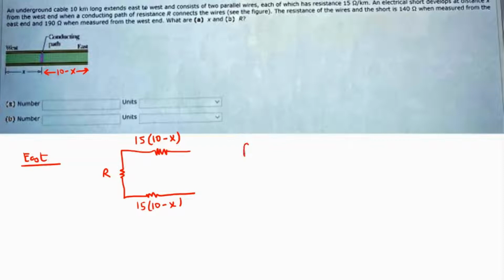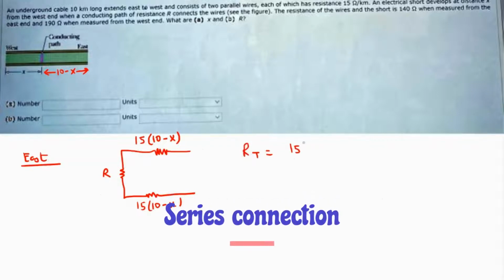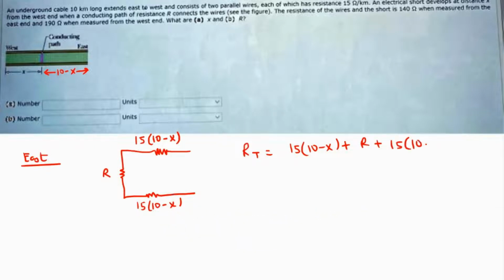So what is the total resistance? The total resistance is going to be 15 times 10 minus x plus R plus 15 times 10 minus x.